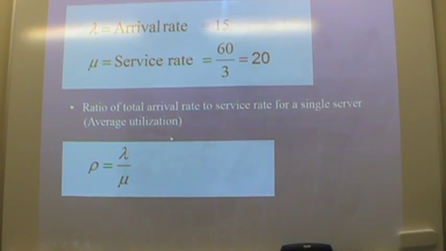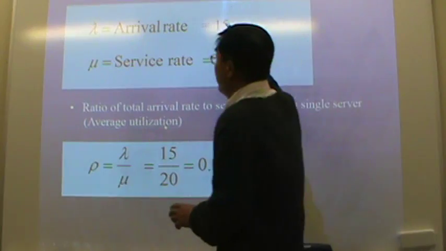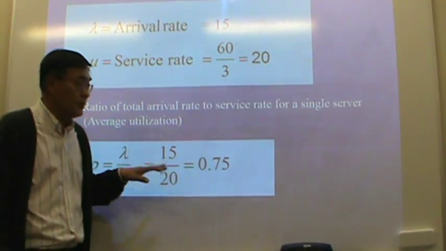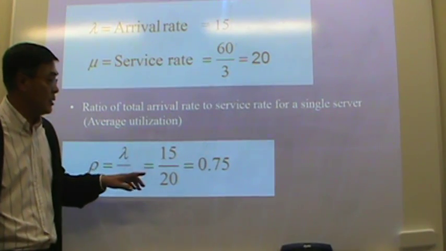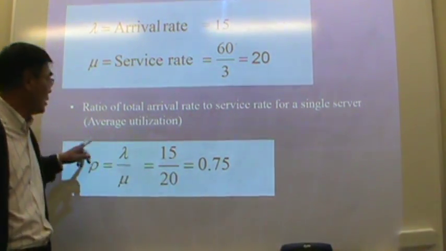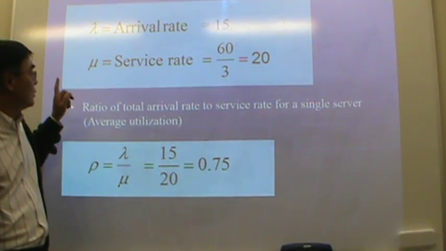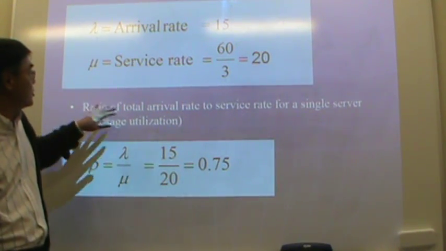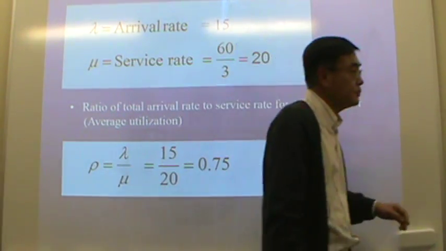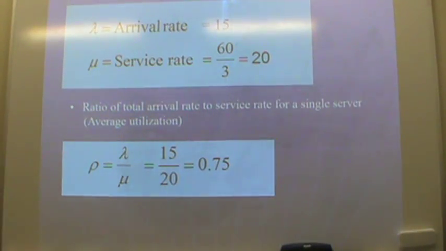Lambda over mu equals 15 divided by 20 equals 0.75. If arrival rate is 15 and service rate is 20, this system on average works 75%. That is the utilization rate, or ratio of total arrival rate to service rate, for the single server.